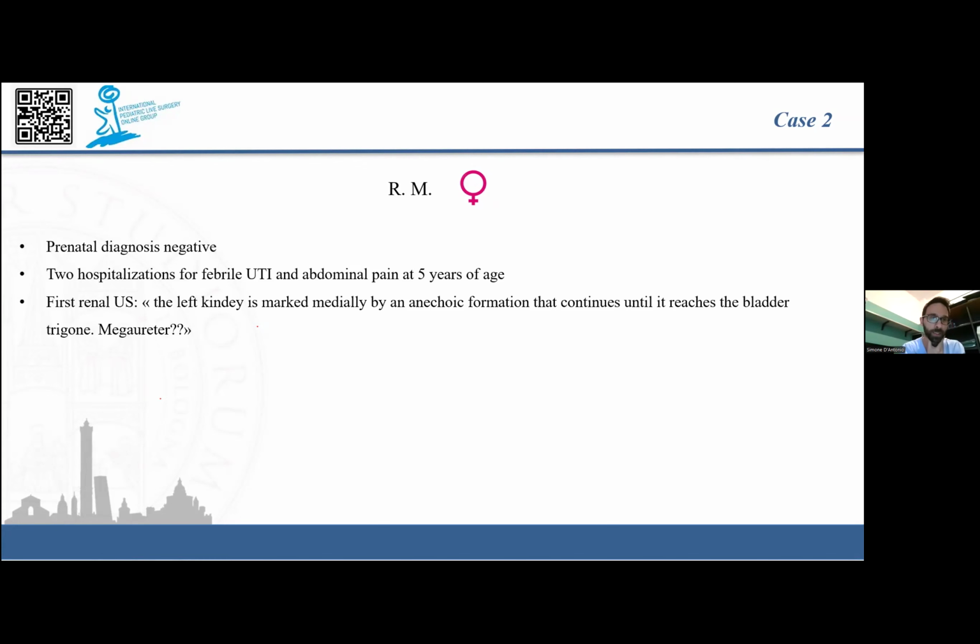The first ultrasound showed a left kidney marked medially by an anechoic formation that continues until the bladder trigone, with the suspicion of a megaureter. The second ultrasound raised the diagnostic suspicion of a complete left duplex system with dilatation of the upper pole ureter.